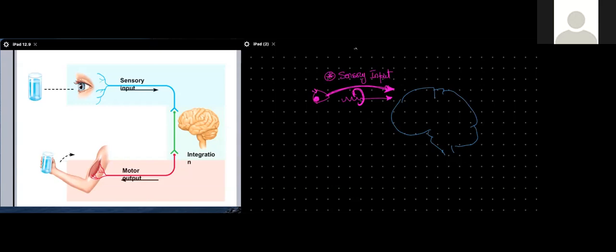This is a sensory input. You're collecting the information from outside by hearing, and you are processing this information in your brain, and this is going to be considered an integration of the information.